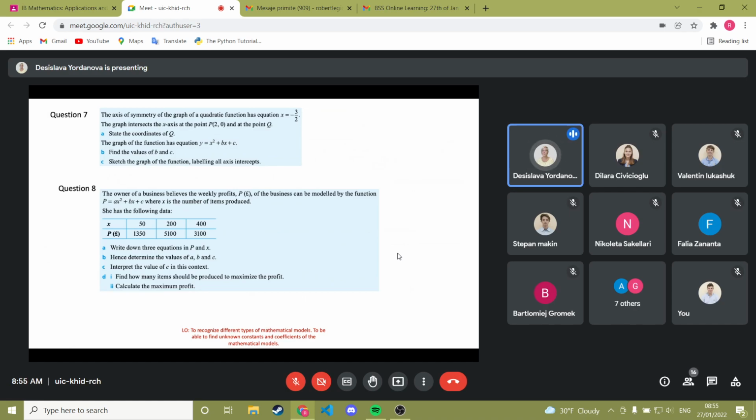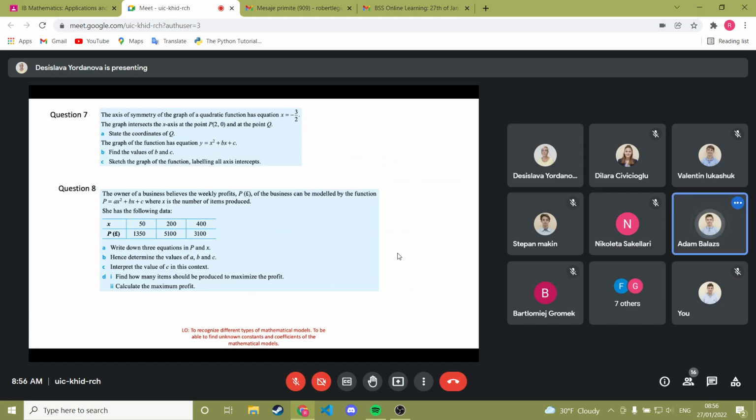When x equals 50, p equals 1350, x equals 200, p equals 5100, x equals 400, p equals 3100. Write down three equations in p and x. How do we start? What do we do here?